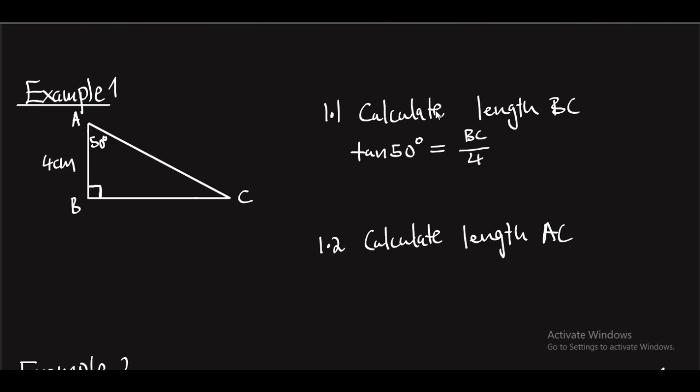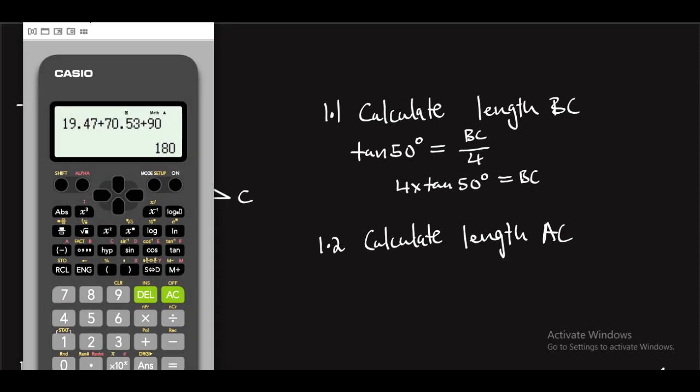So now remember, I want BC, so I need to cross multiply. If I cross multiply, this one is a denominator, so the denominator will multiply the numerator. So I will have 4 multiplied by tan 50 degrees equals BC. Okay, so now we go to our calculator, we press 4 multiplied by the tan of 50 degrees.